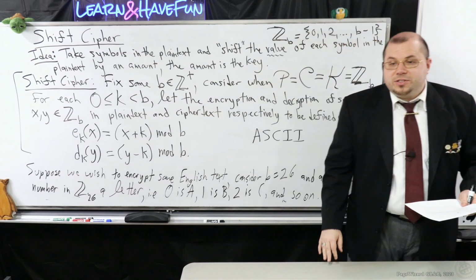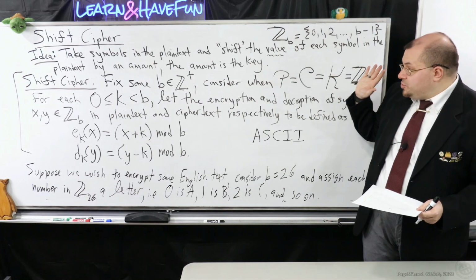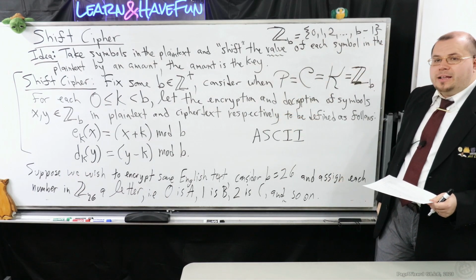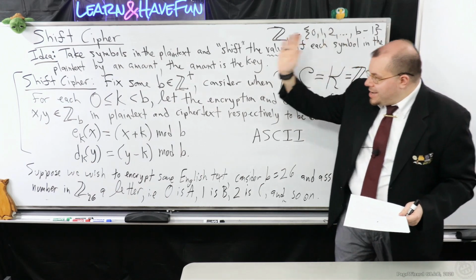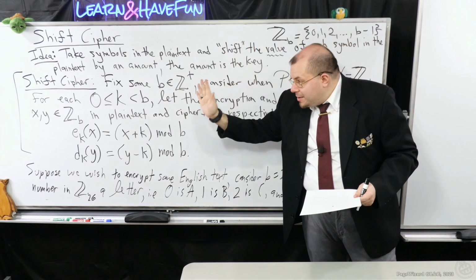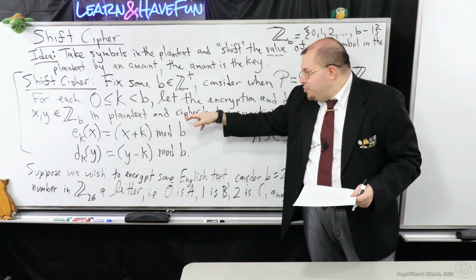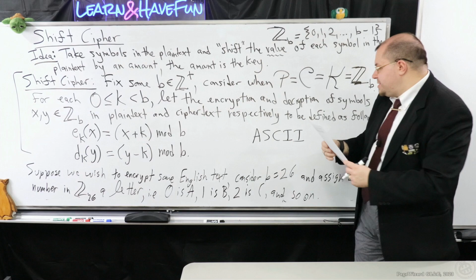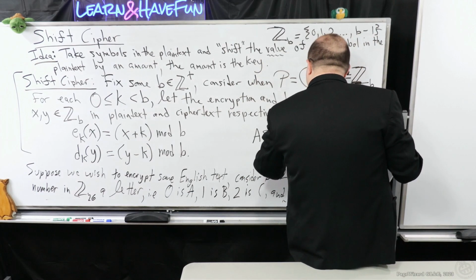To carry out this process, remember, you take each symbol in the plaintext and apply EK to whatever that symbol is. You end up with a symbol for the ciphertext. You apply this to each one of the symbols, because your plaintext will look something like this.